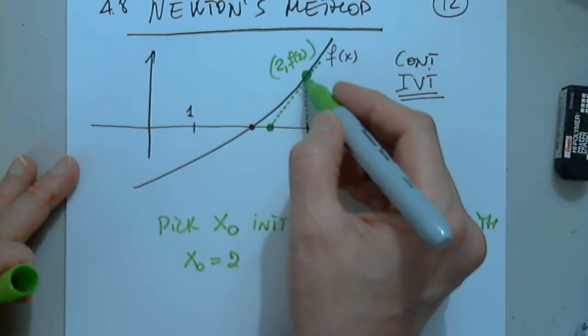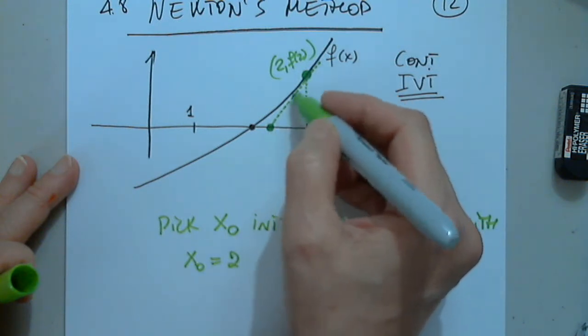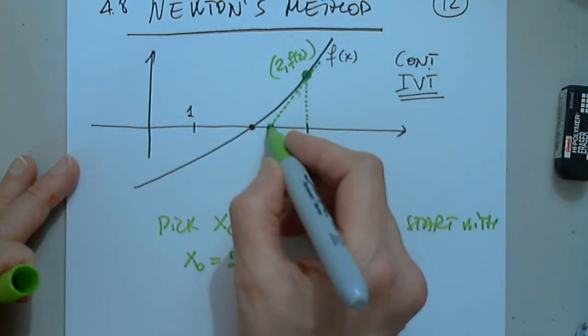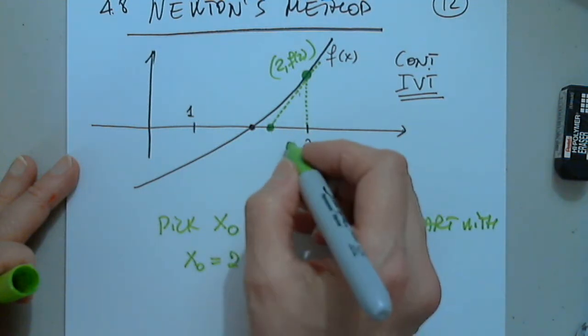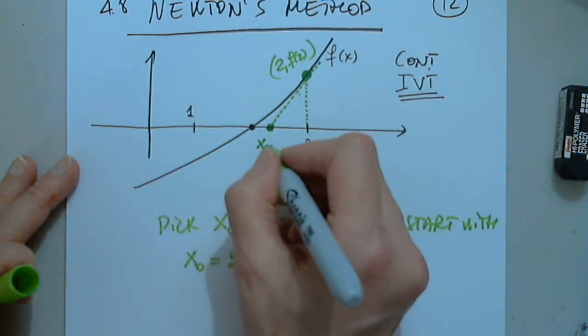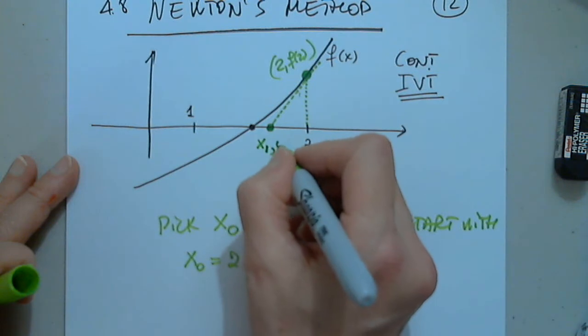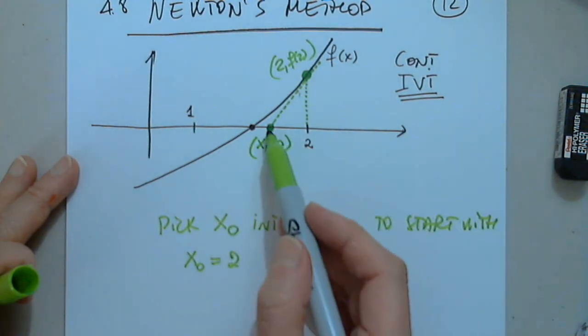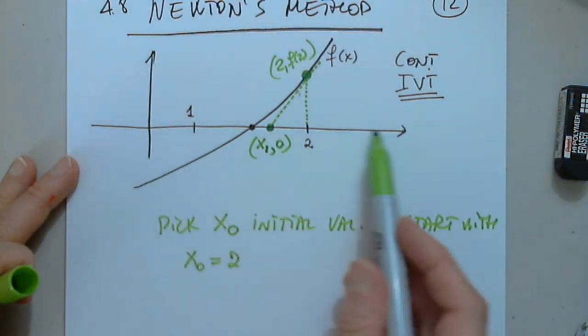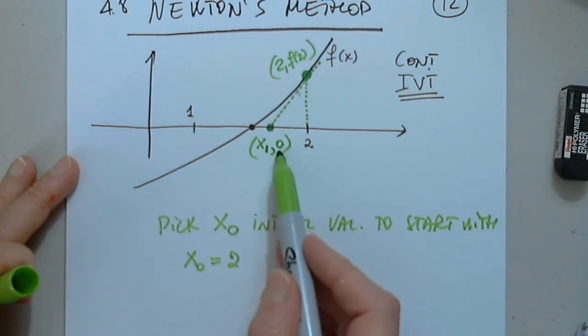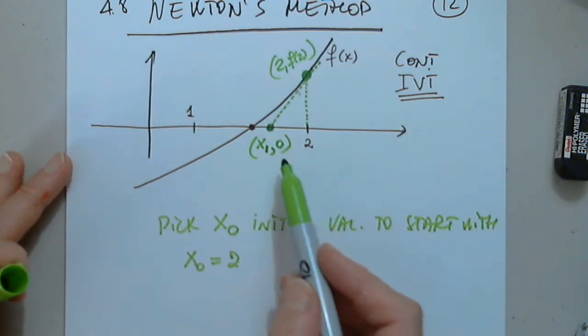Now, this tangent crosses the x-axis at a point that I will call x1, comma 0. It's unknown, but definitely since it's on the x-axis, the y value has to be 0. There is no 2 ways about it, right?